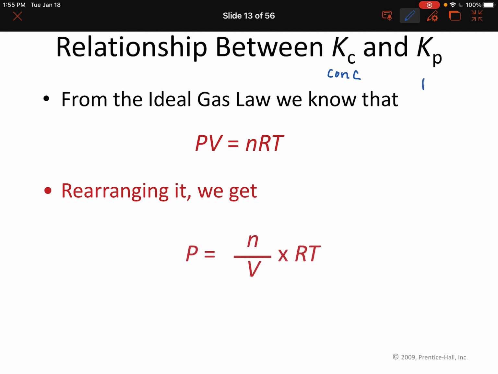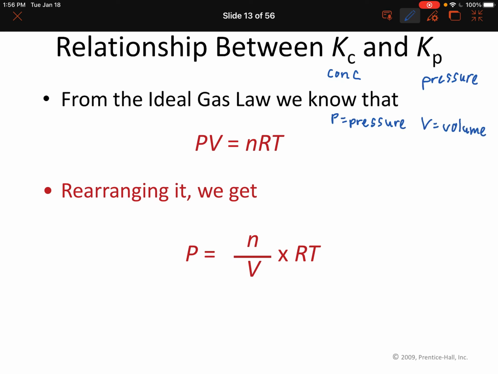So how would I convert between Kc for concentration and Kp for pressure? Well, the most convenient way to do this would be to go back to the ideal gas law. So PV equals nRT.